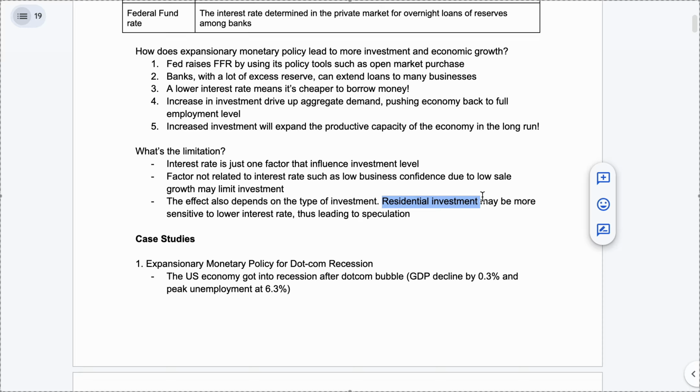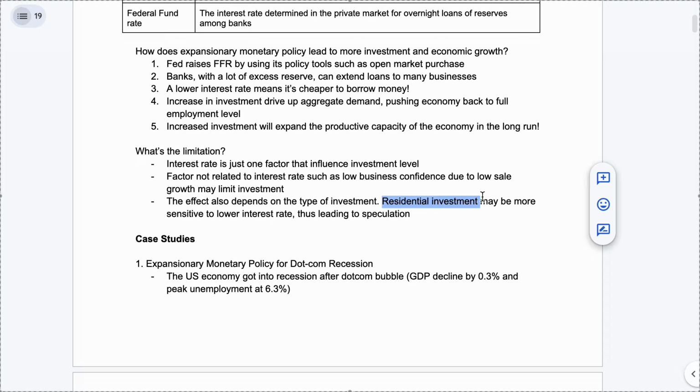You don't really care about sales, because it's irrelevant. You buy houses because you want to have a good life there. So the price of borrowing money is far more important than non-price factors, non-interest rate factors, right? So it can be very less sensitive to other economic conditions, but very sensitive to interest payment, right?